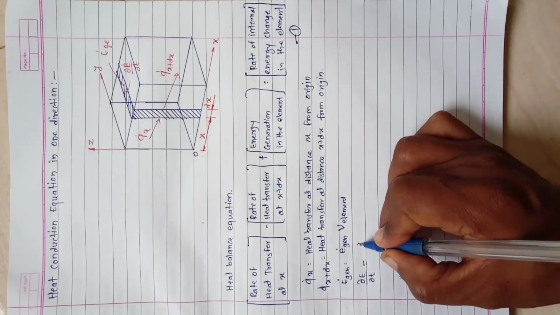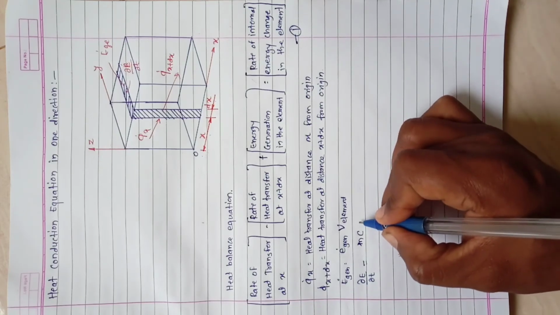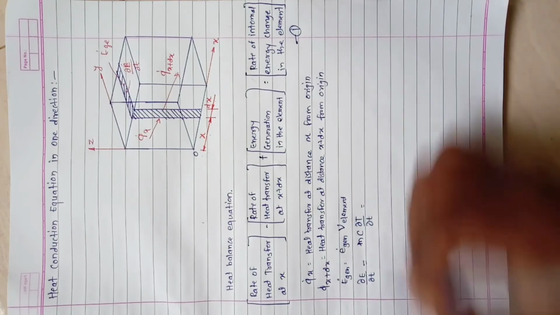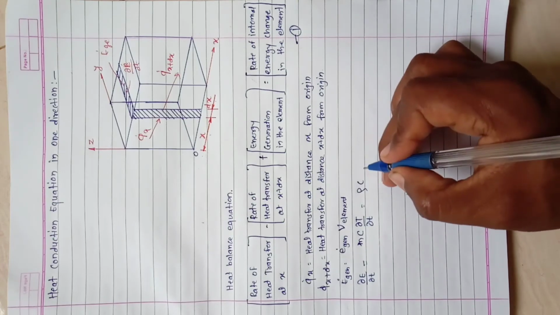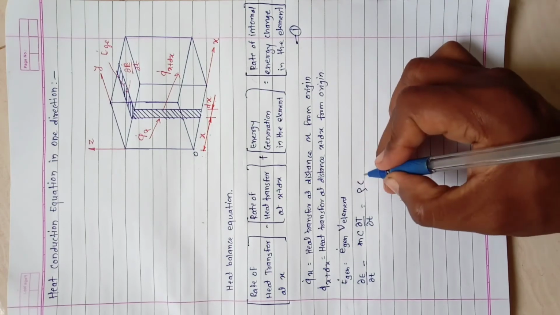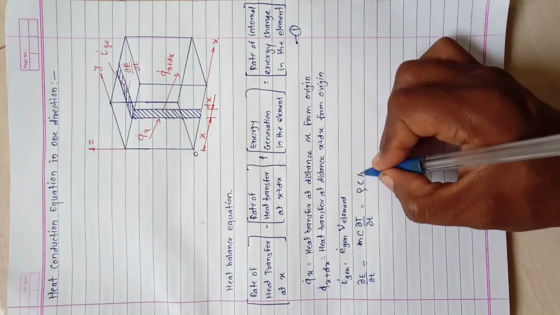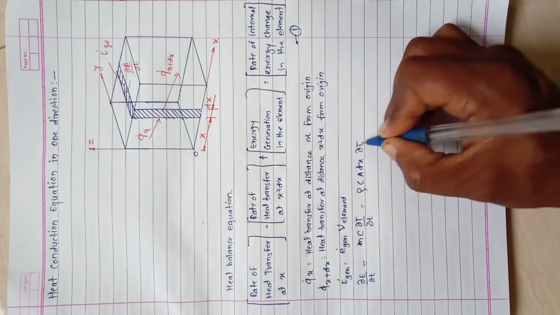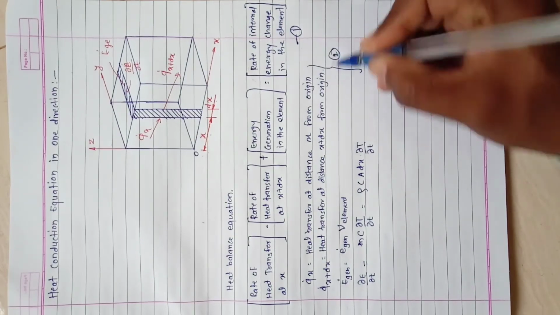This is denoted as mass of element multiplied by specific heat multiplied by temperature change with respect to time. This is also density multiplied by C multiplied by the volume of element, area multiplied by dx, into dT by dt. This is equation 2.